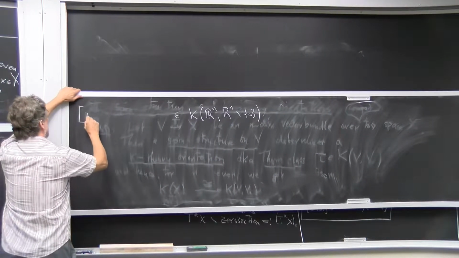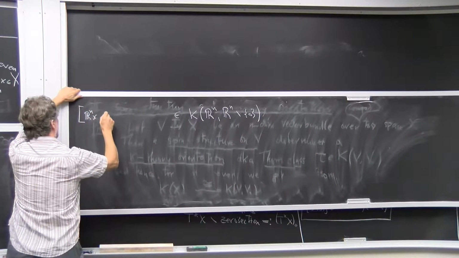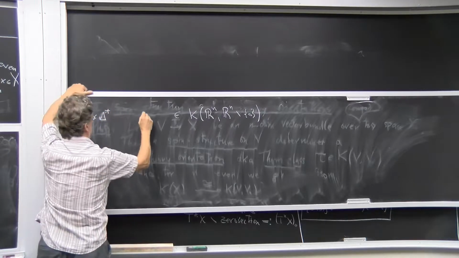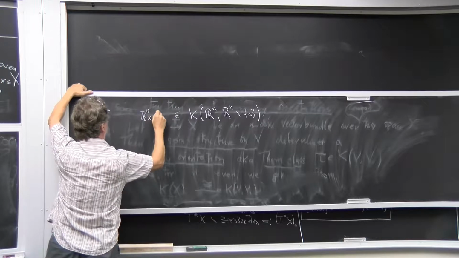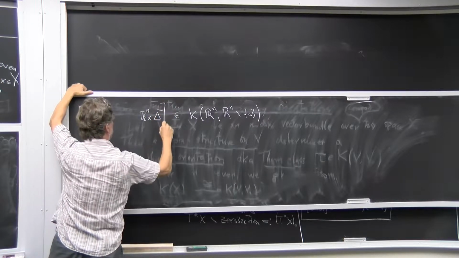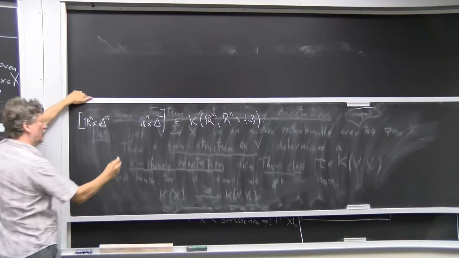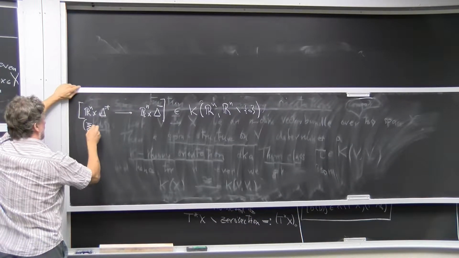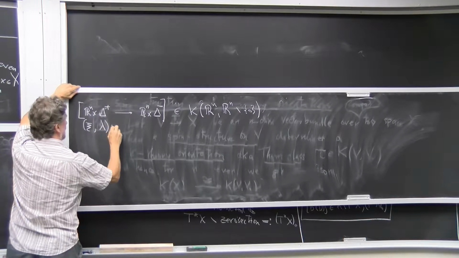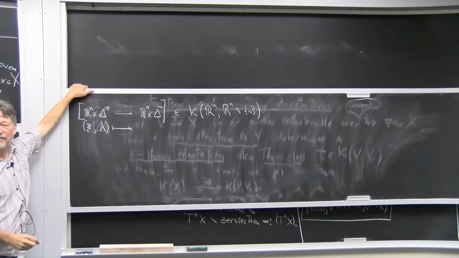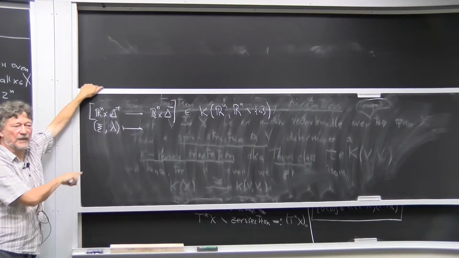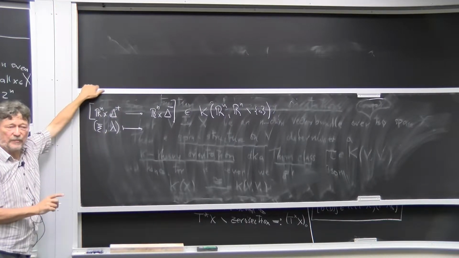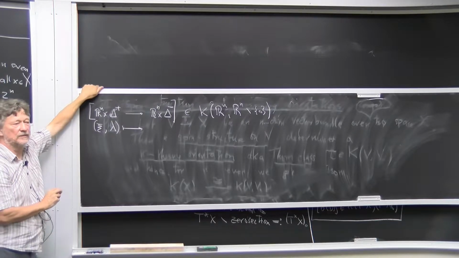Here are my two vector bundles: I take Rn cross delta plus, and the other one is Rn cross delta minus. So these are my two vector bundles, and now I'm looking for a map. Gee, what could be the map? I have a vector psi, and I have a lambda in here. I want to make something out of that which is linear in lambda and should be invertible if psi is non-zero.